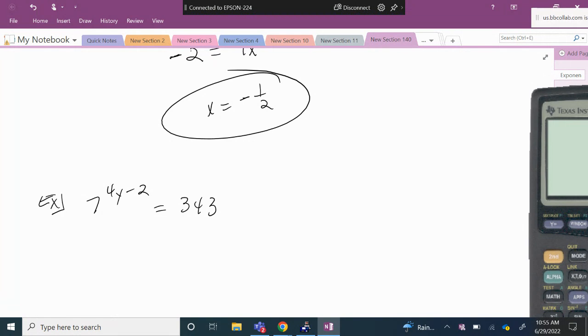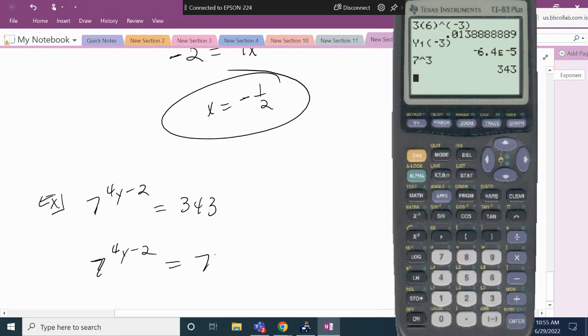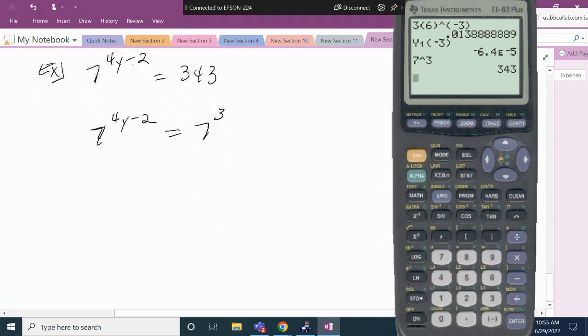All right, so here again, we want to use the like base property. So I can actually make both of these a base 7, right? I believe 343 is 7 cubed. All right, so just to verify that, 7 raised to the 3rd power is 343. So I can rewrite 343 as a base 7. So here we have 7 raised to the 4y minus 2 is equal to 7 raised to the 3rd power.